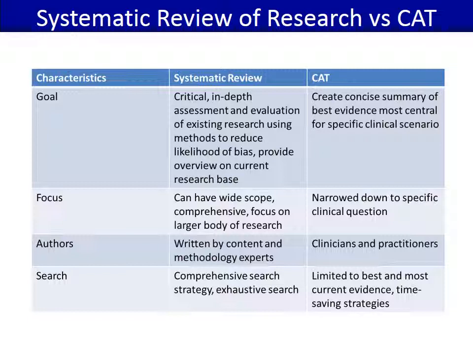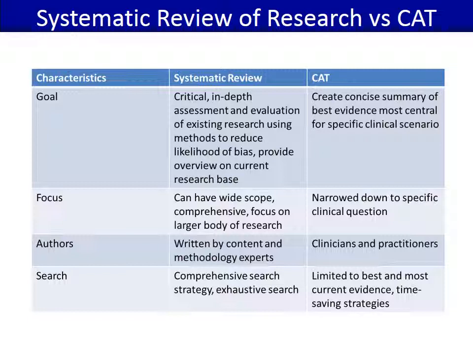Systematic reviews are very in-depth assessments compared to concise summaries of best evidence that are done fairly quickly in a CAT. So a systematic review can have wider scope than a CAT, which is narrowed down to a specific clinical question. Usually systematic reviews are performed by content and methodology experts, whereas very often clinicians, students, and practitioners will put together critically appraised topics.